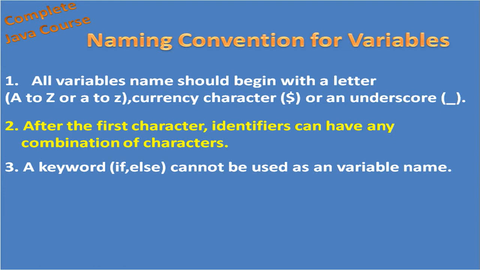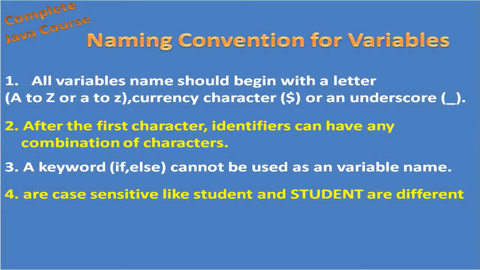So what is a keyword? A keyword is a word which is pre-reserved for a language, like if, else, switch, case, throw, throws, try. All these are keywords. We will learn each and every keyword in upcoming video lectures. Till that time, just remember we cannot use a keyword as a variable name.